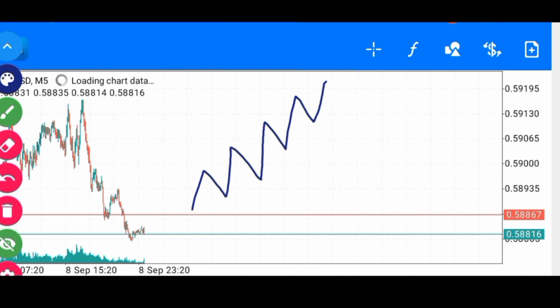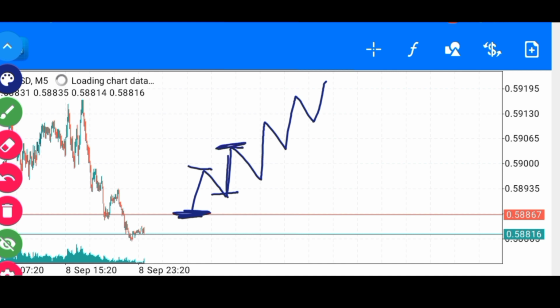The market moves in a series of waves, making what? Higher highs and higher lows. You can see the market made a high and came down, didn't break this low, moved up again, and made another high.